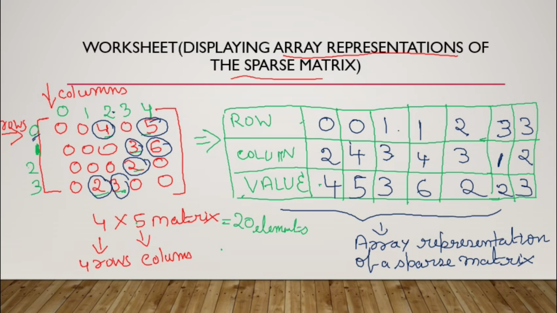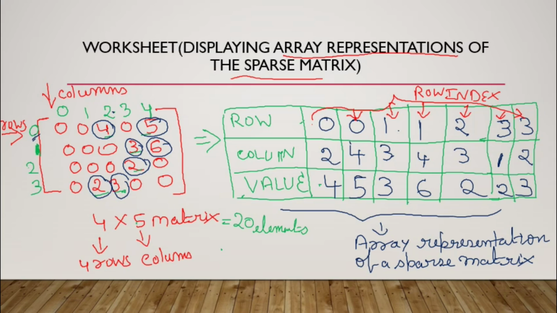What is this, students? Whatever is there in the first row is nothing but the row index. So all these are the row index entries. You can mark here to make this more clear.